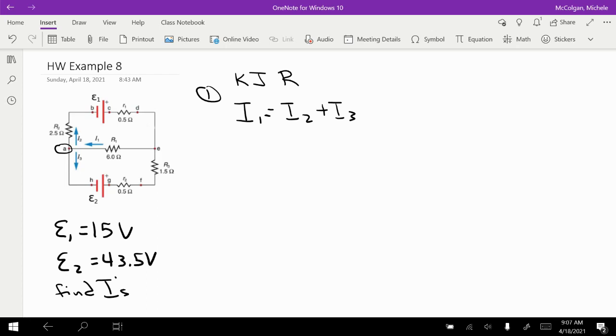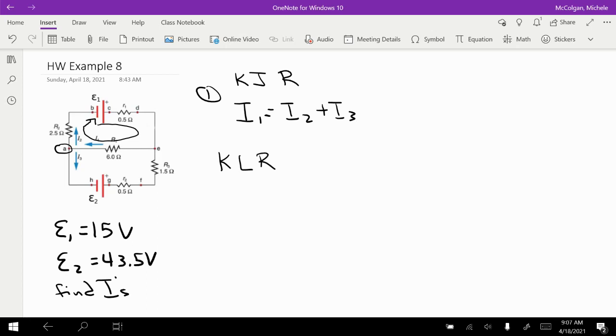Now for the next equation, I'm going to start at E1 and go around all the way until I get back to B. So I'm going to start at B and end at B. This is the first use of Kirchhoff's loop rule.